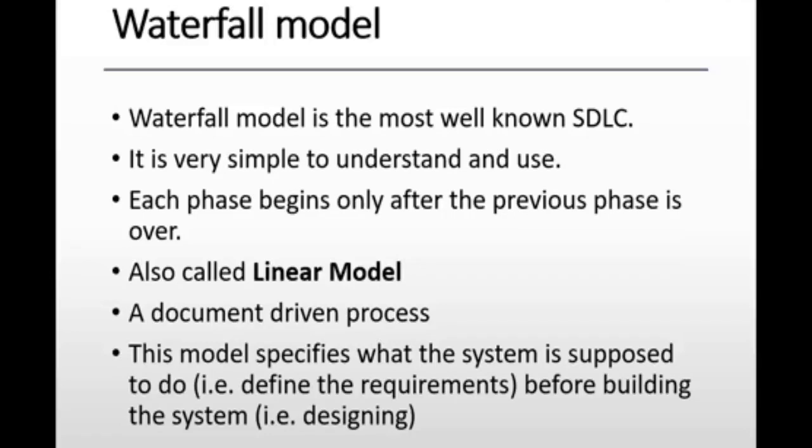Once we have done the requirement phase, only then can we go to the design. If not, we can't go to the design. So that sequence is there. And this waterfall model is also called a document driven process. Why? We maintain detailed documentation with this classical waterfall model. For each and every step, there's documentation.